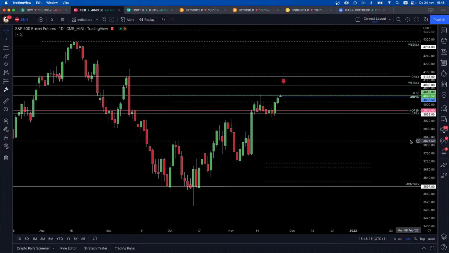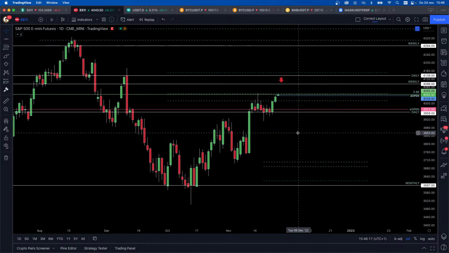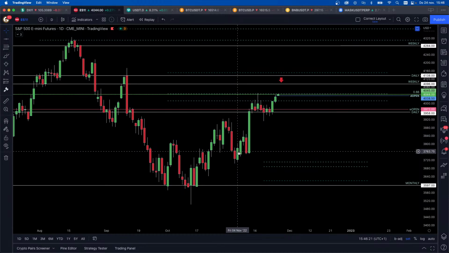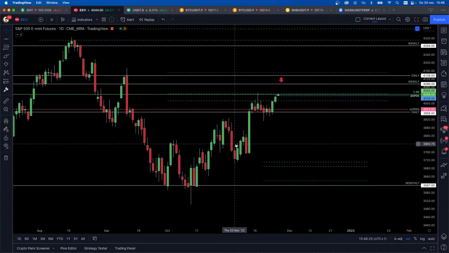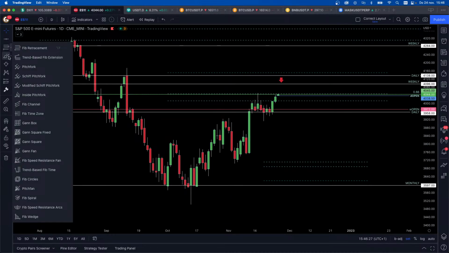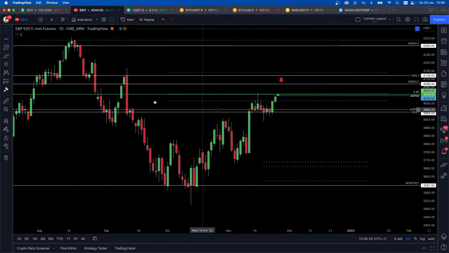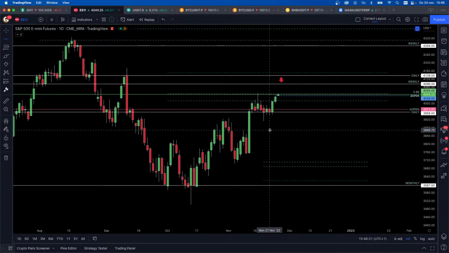And the last thing that you have to do is to look for untapped price regions. So you have consolidation here, price blasts beyond this consolidation, and what happens? We create an untapped price region.